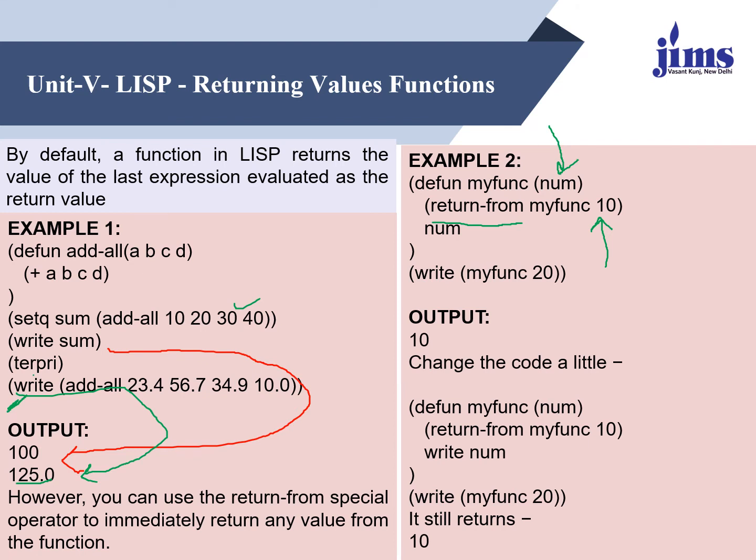I am calling this function with value 20. Now when I pass 20, I have passed value 20 over here, but the output is 10, because 20 goes over here, but again here I am calling a function with value as 10, so this 20 is going to get overridden, and in num I am getting value as 10.